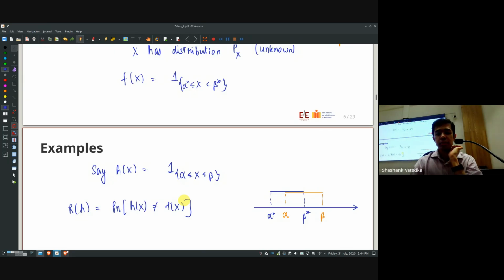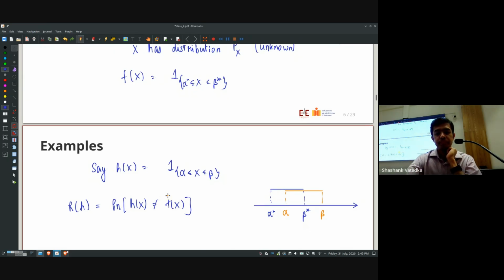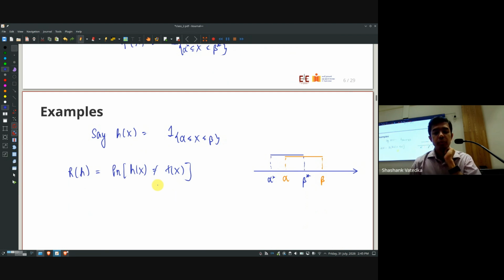Given x, y is already a function, because that's our assumption. And h of x is also a deterministic function. So the ground truth as well as our predictor are both deterministic. The only randomness comes from the feature vector which is drawn. So this is the probability that h of x is not equal to f of x, right?